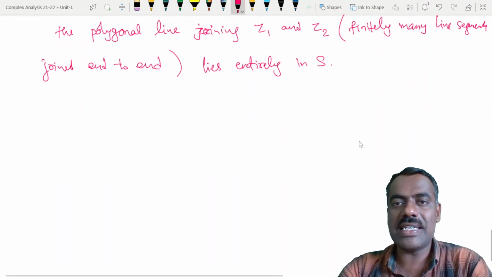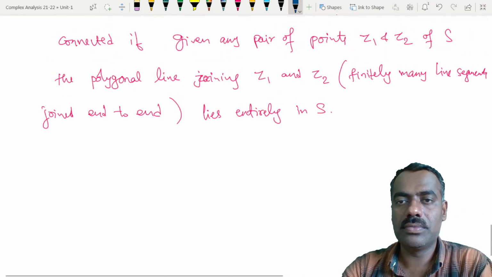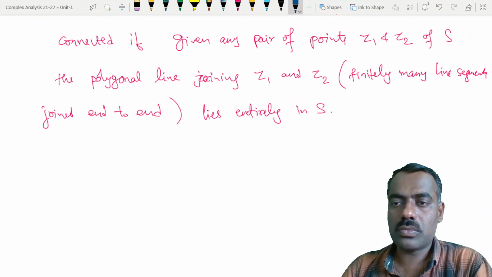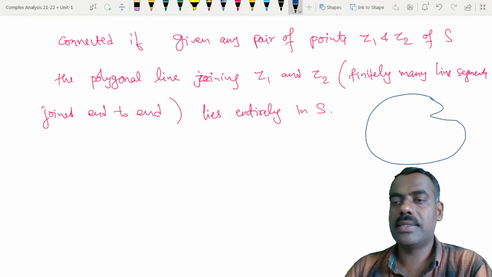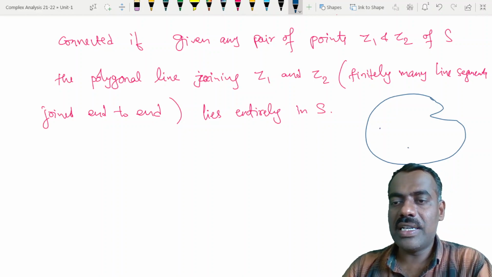What is meant by saying a set is connected? Suppose I take something, not necessarily like this, take anything. Then I take some z1 and z2.